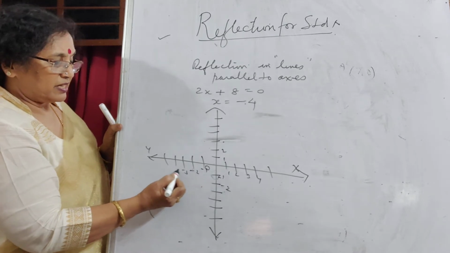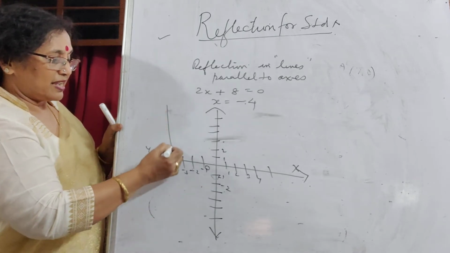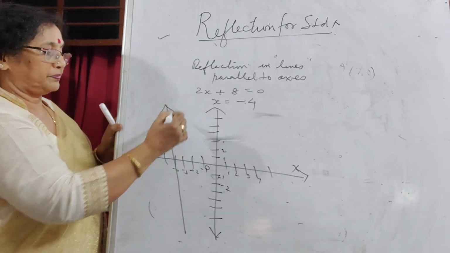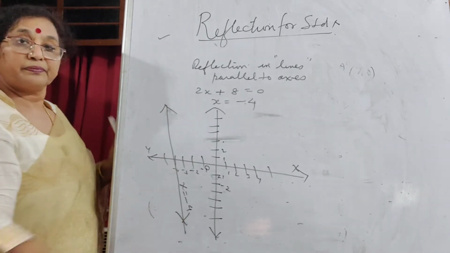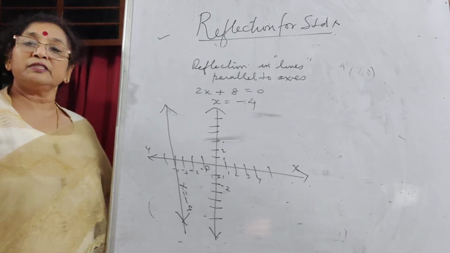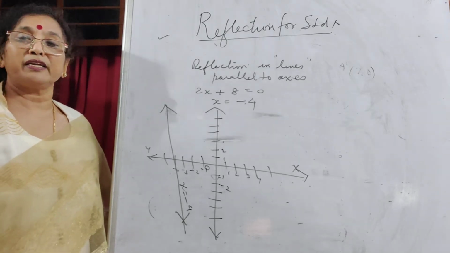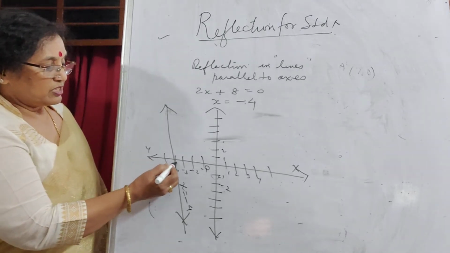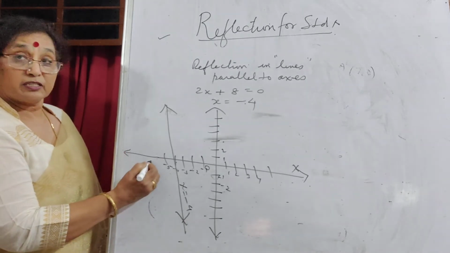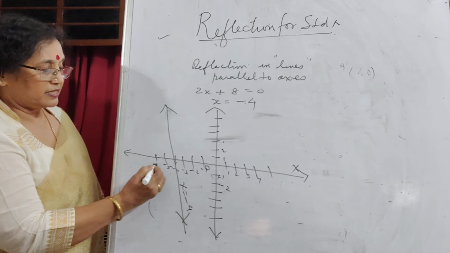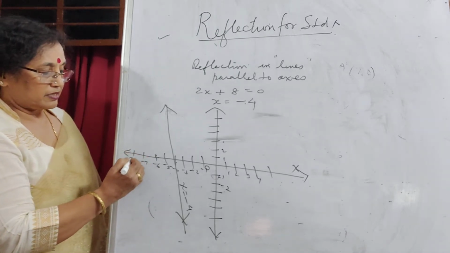Minus 1, minus 2, minus 3, minus 4. This line is x equals minus 4. So next to minus 4 is minus 5. Can you see the board? Yes. Minus 6, minus 7.